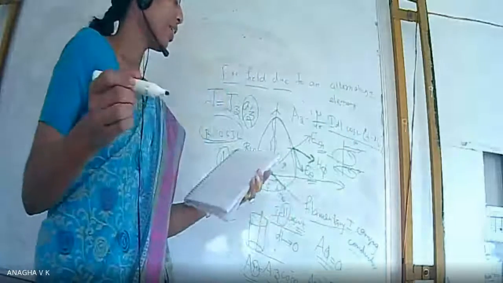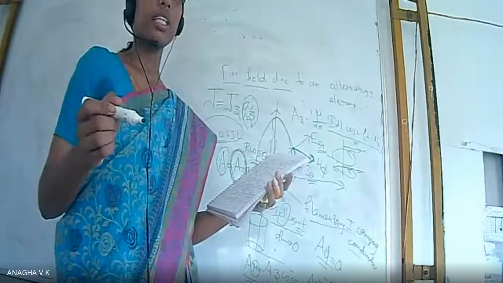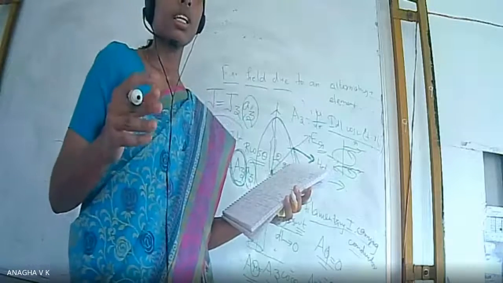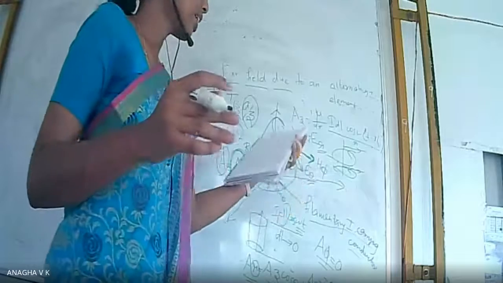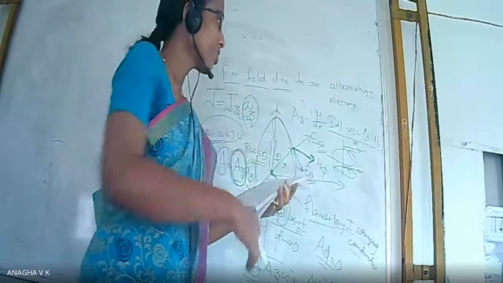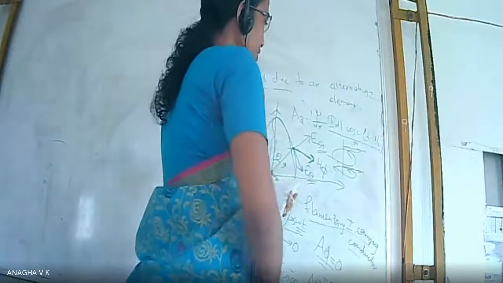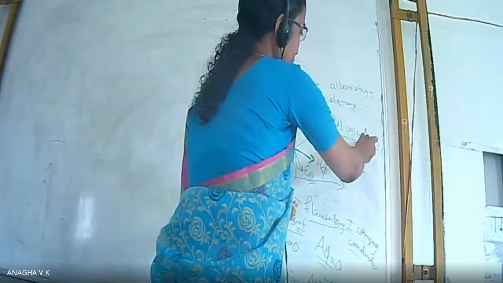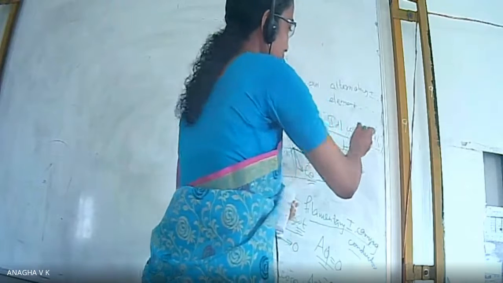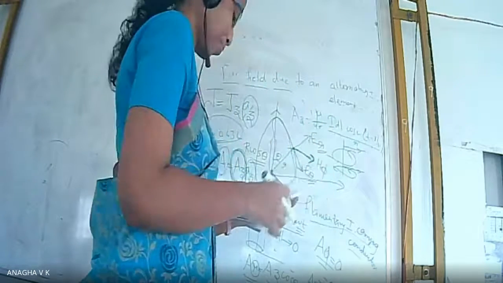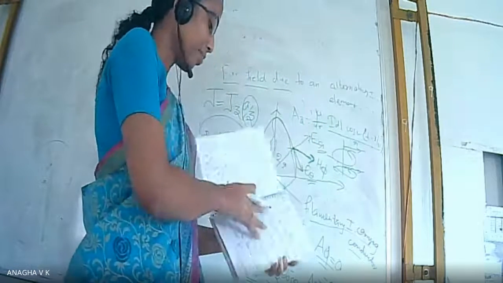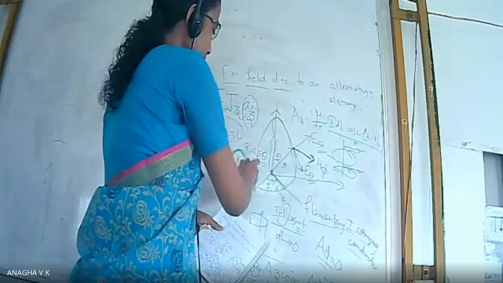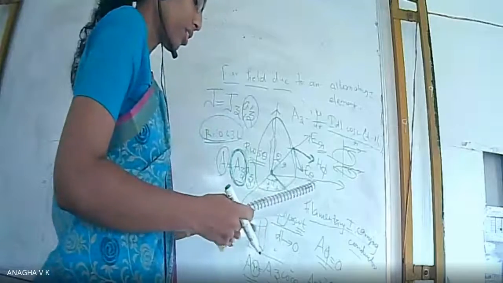This equation we have studied earlier in the case of retarded potential. We have taken a class on retarded potential before, so there we have studied this equation. So A_z is equal to mu by 4 pi I dl cos omega (t minus r by v) by r. This is nothing but the vector magnetic potential in the z direction.